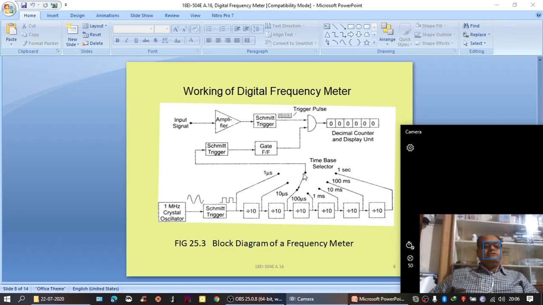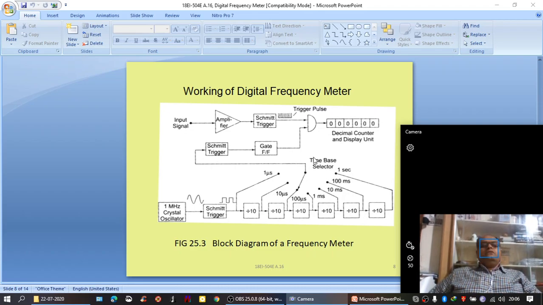What is that 100 microseconds? Gating pulse duration. At the output of the third decade counter, it would be 1 millisecond gating duration. Fourth decade counter, 10 milliseconds, fifth decade counter 100 milliseconds, and sixth decade counter is 1 second.